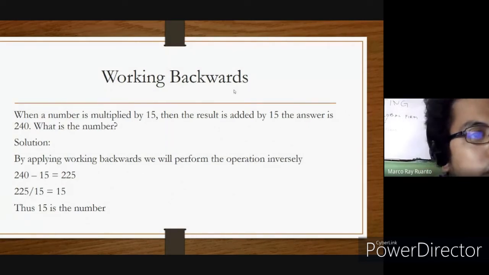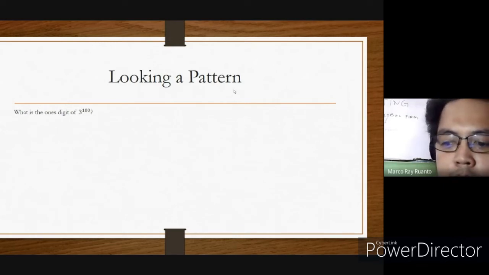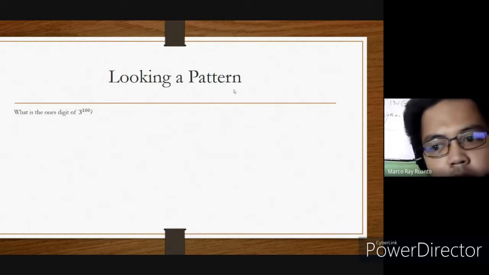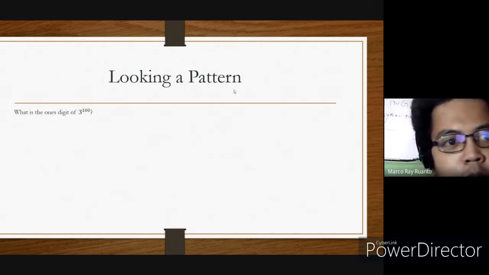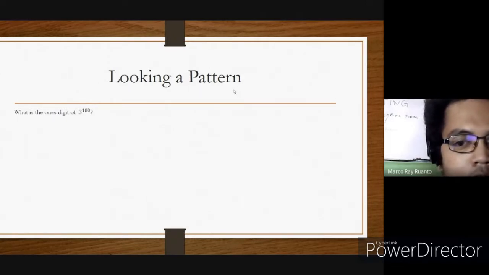Next strategy is looking for a pattern. When finding a pattern, maybe you try to look for some recurring observations, or maybe a common multiplier, or a common difference.